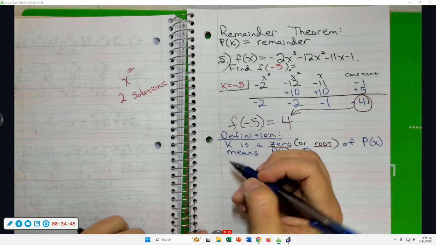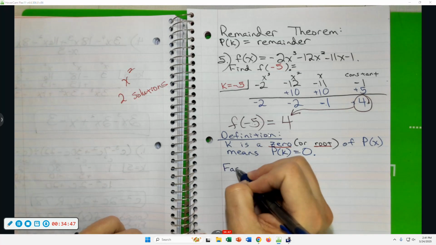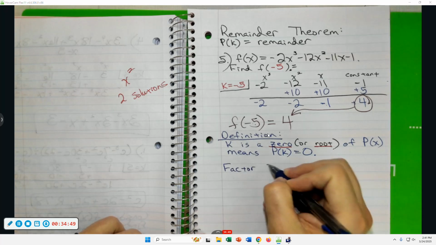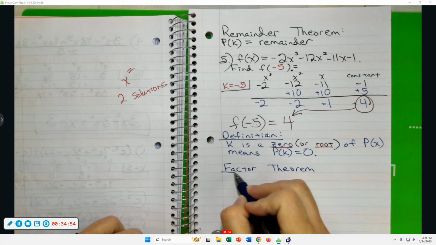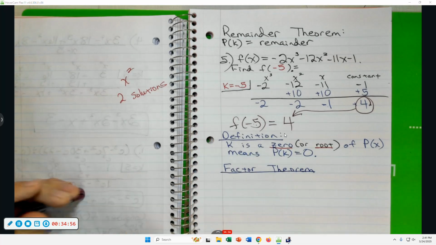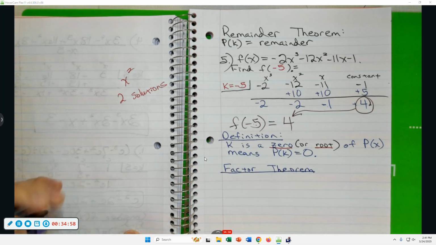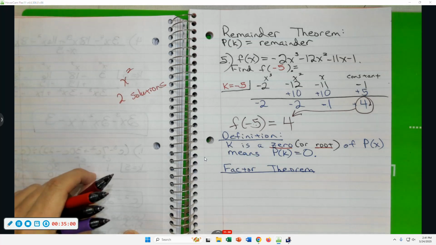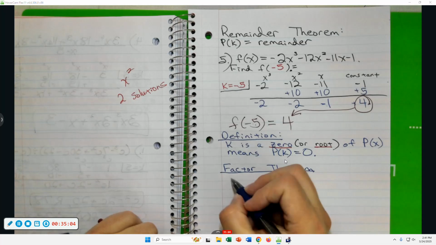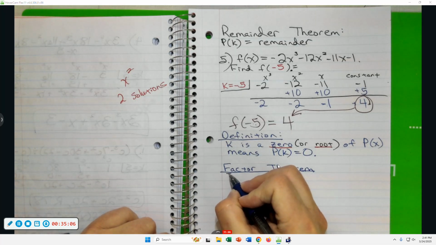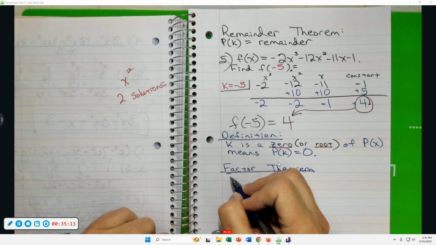There's something called the factor theorem. The factor theorem says that if you know a zero, then you can determine the corresponding factor. Is there a way for me to say it in fewer words?